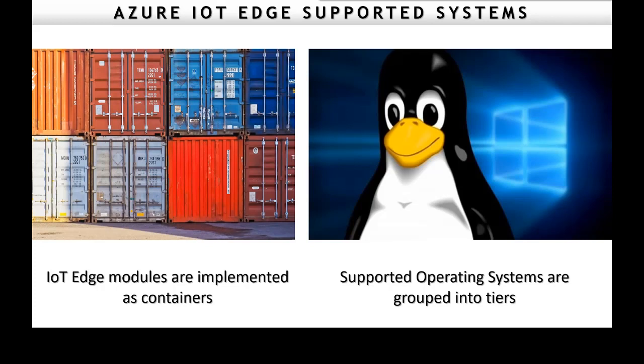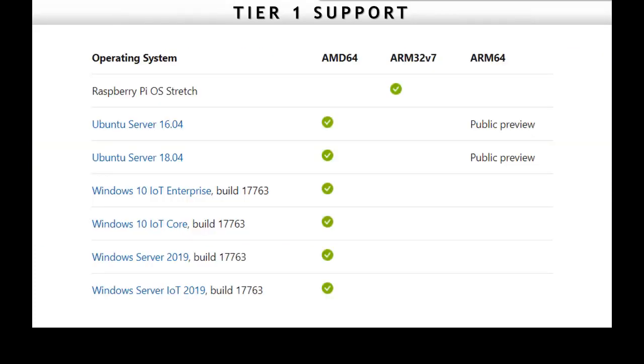Now, when it comes to the supporting systems, there are 2 tiers. Tier 1, if your operating system is one of those, you're lucky. That means that Microsoft supports them, and it also gives you all kinds of guidelines, scripts, and repositories.